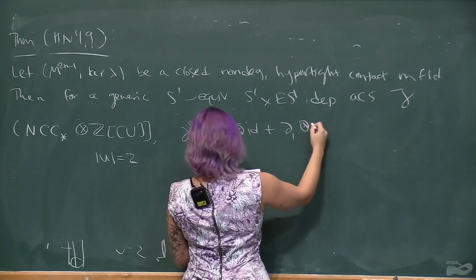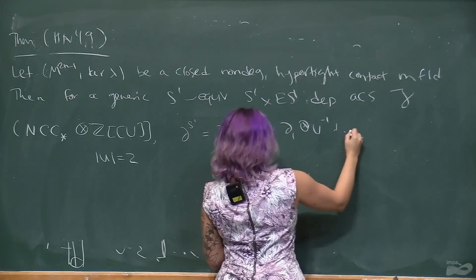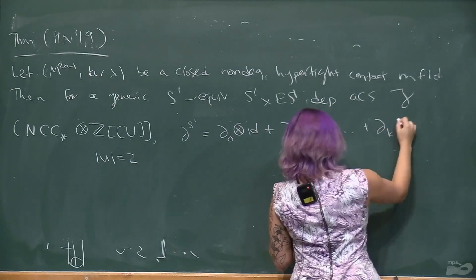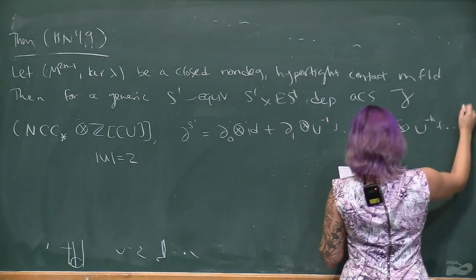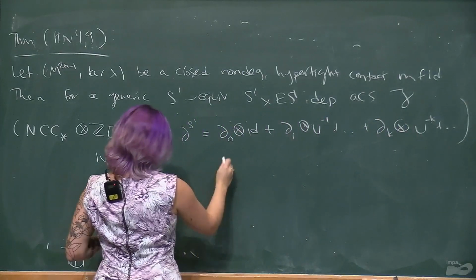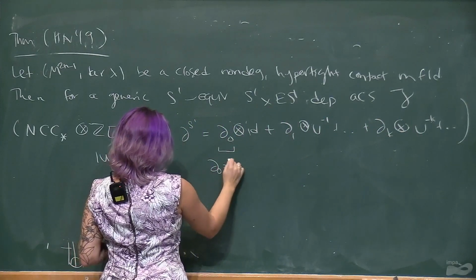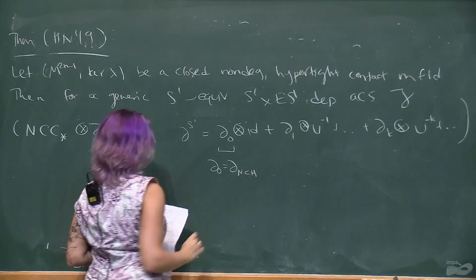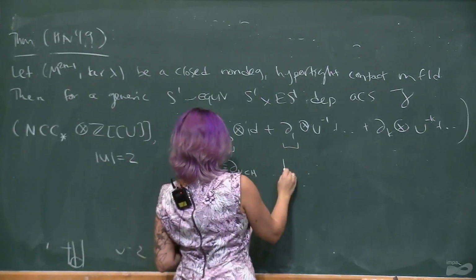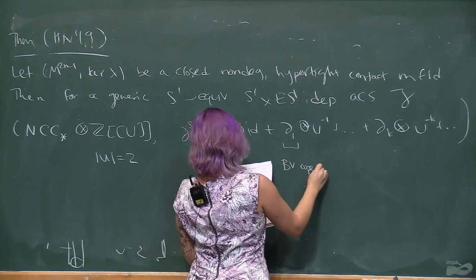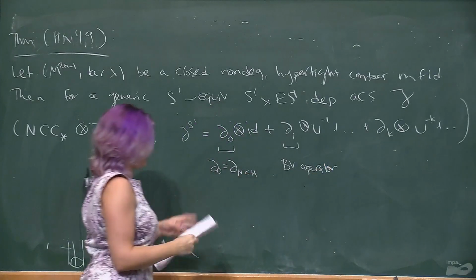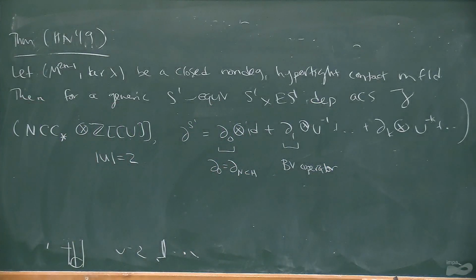And all right. What do I want to say? So here, this D0 is going to count exactly what NCH counts, and this D1 is going to be a BV operator. And then you have higher order terms.